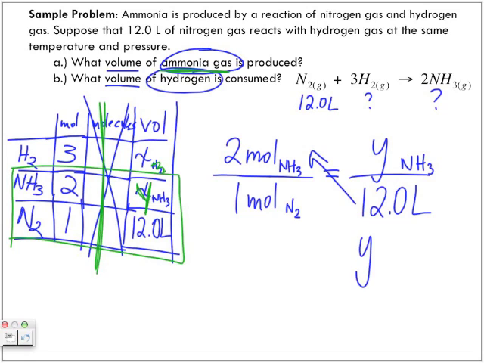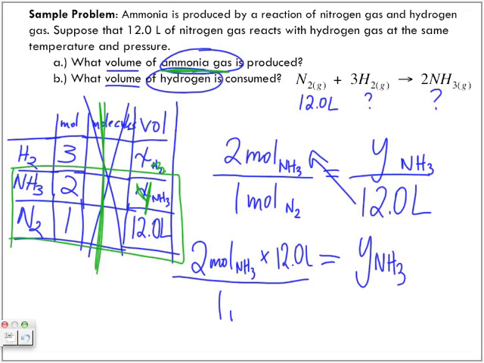And we're going to have the volume of the ammonia gas equal to 2 moles of the ammonia gas multiplied by 12.0 liters over 1 mole of nitrogen here.